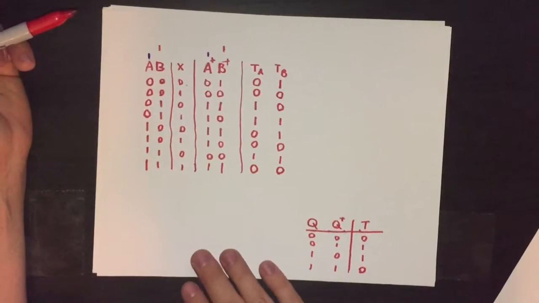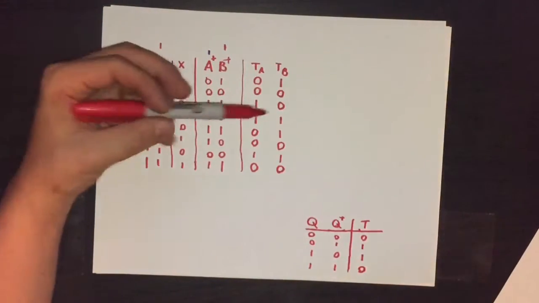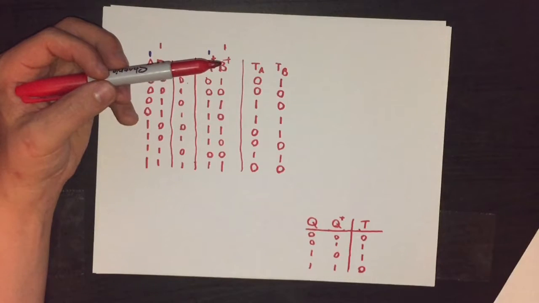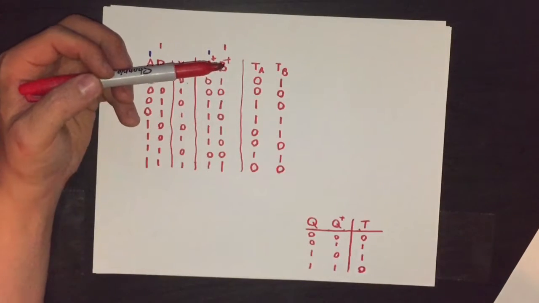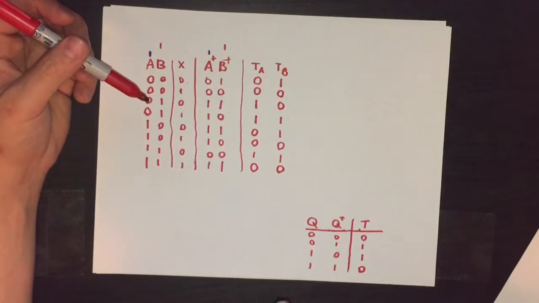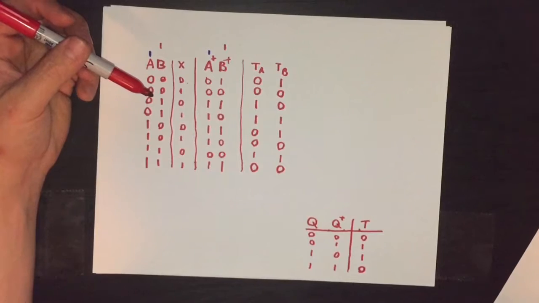So now we have all of the values for the T flip-flop. And now we can go ahead and start deriving our Boolean expression using the min terms that we have for TA and TB.